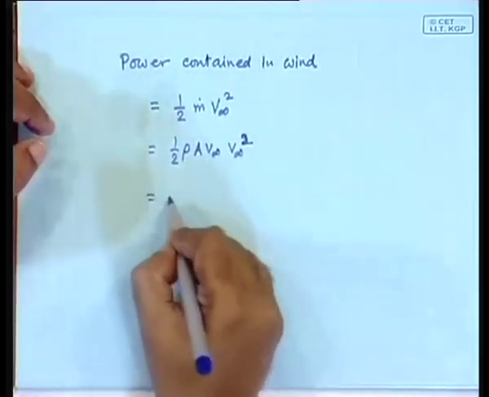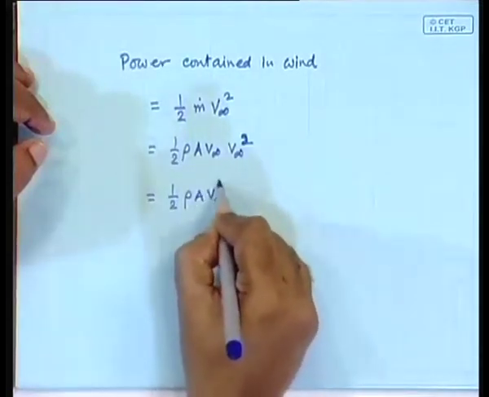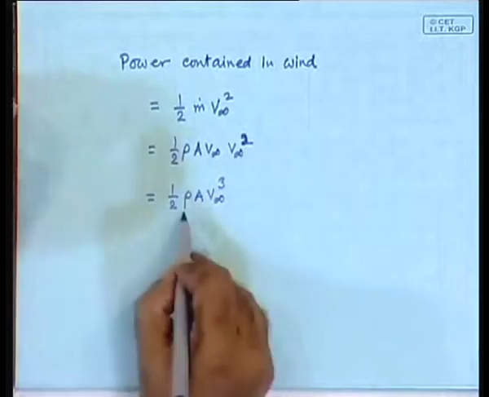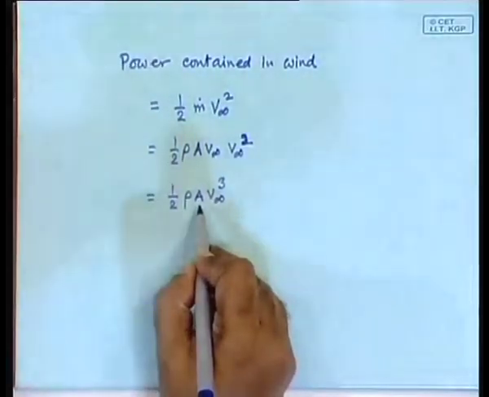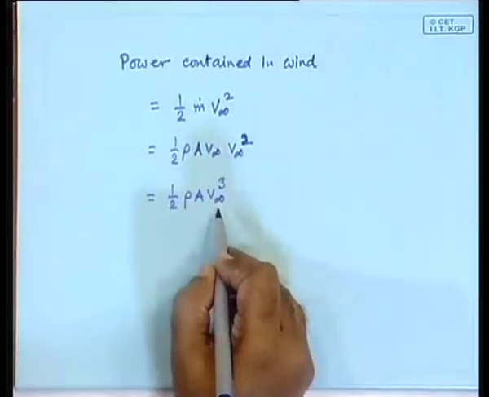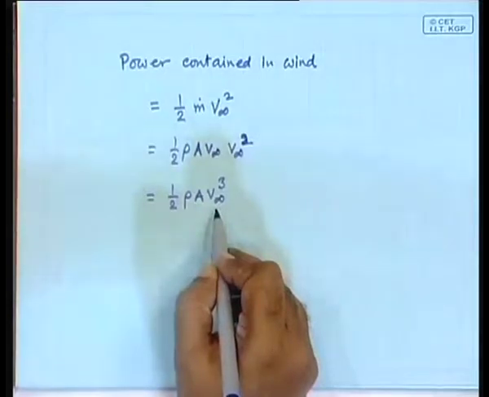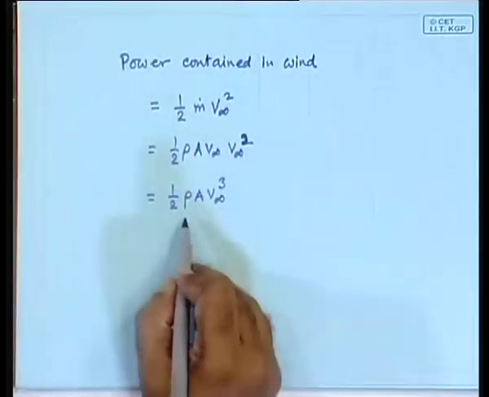So, this is equal to half rho A V infinity cube. Rho is the density of air, A is the area through which it is passing, V infinity is the wind speed at infinite distance from any obstacle. Okay, so this is the expression for the power contained in wind.